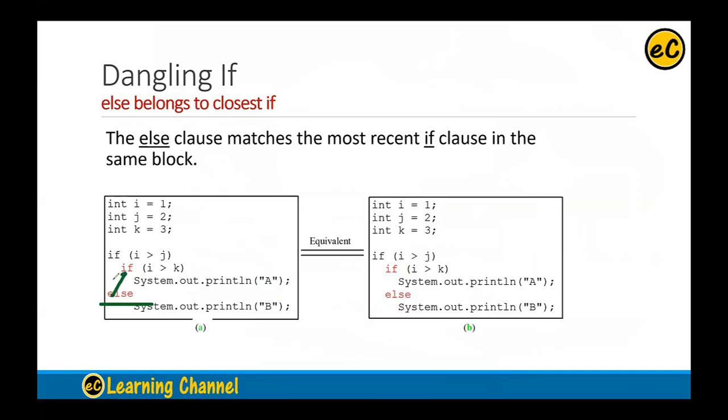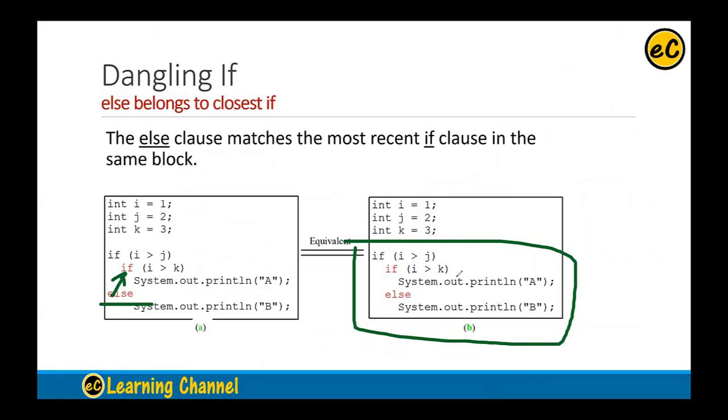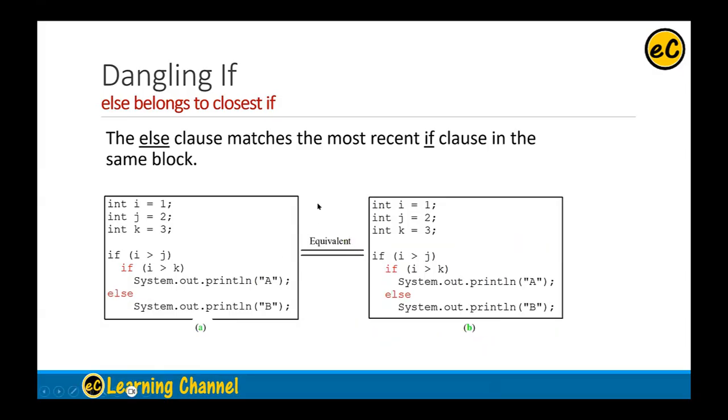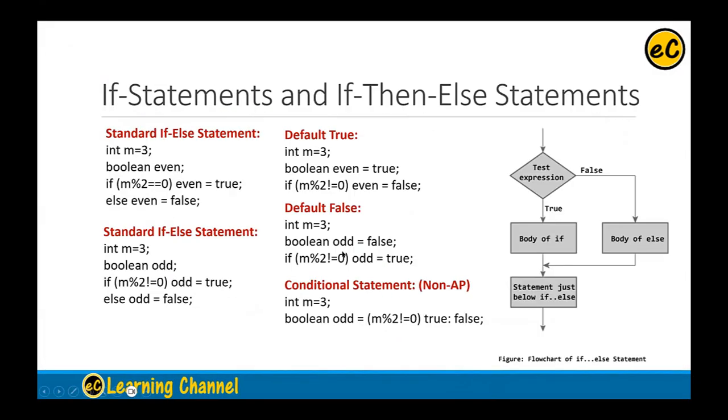You belong to the closer one. So it should be like this. If you write it, it should be like this. Don't write the left-hand side way, but left-hand side will still be valid. In terms of grammar, it is still valid. But remember, the dangling else always belongs to the closer one. Always. These are rules I want to tell you.